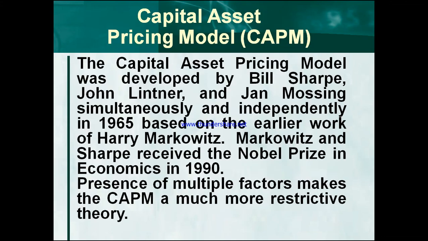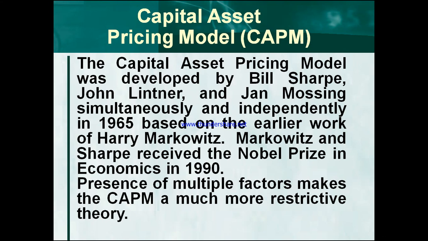The other model is the so-called capital asset pricing model. The capital asset pricing model was developed by John Lintner and Jan Mossin simultaneously and independently in 1965, based on the earlier work of Harry Markowitz. Markowitz and Sharpe received the Nobel Prize in Economics in 1990.